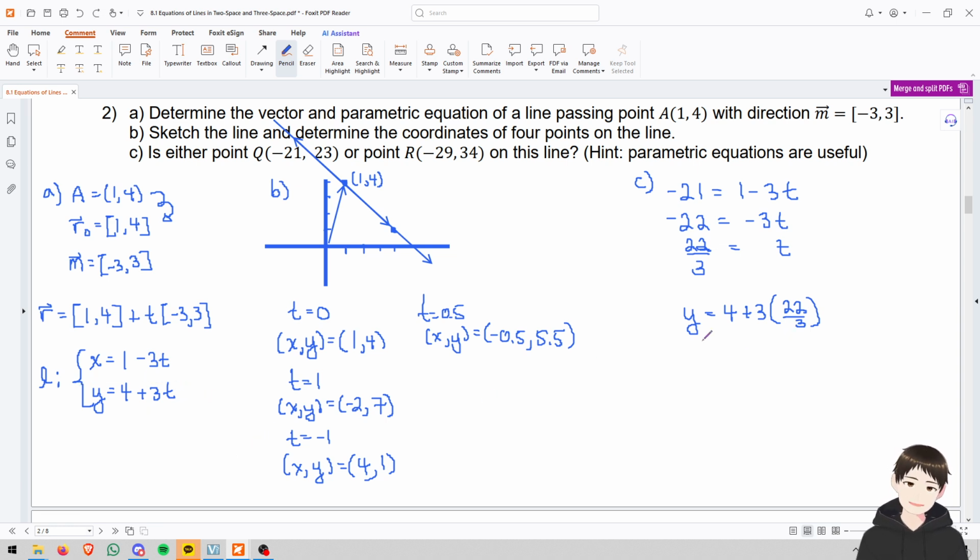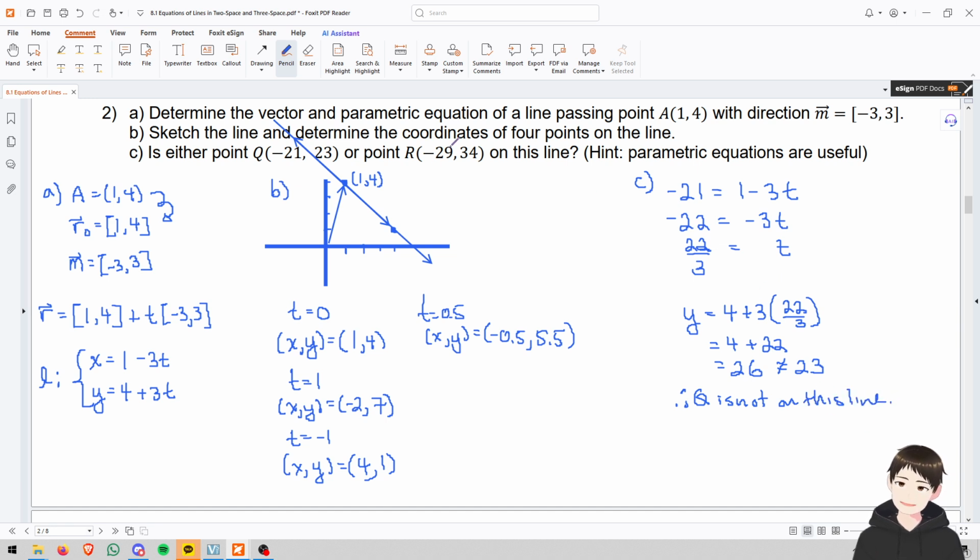That would be 4 plus 3 times 22 over 3, which gives me 26. That is not 23, right? Oh, scandalous. Okay, so we know, therefore, Q is not on this line.